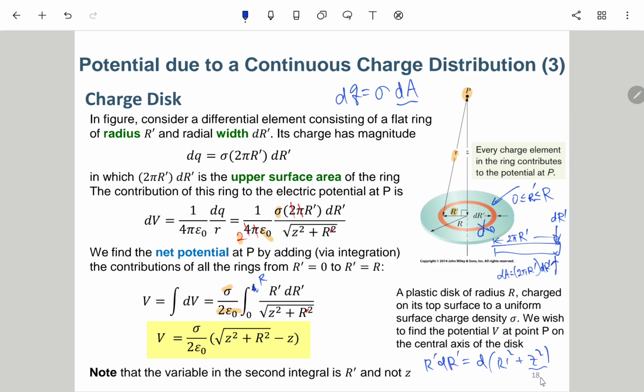Okay. So substituting this one with this expression, we have sigma over 2 epsilon naught, integration from 0 to capital R, of d(R prime squared plus C squared) times the square root of C squared plus R prime squared, in the denominator. Okay, so this stuff and this stuff is the same.